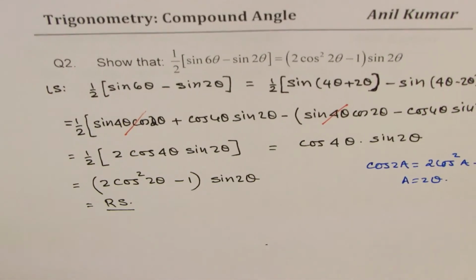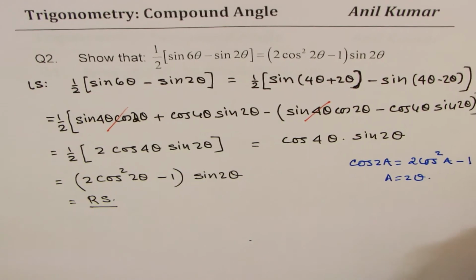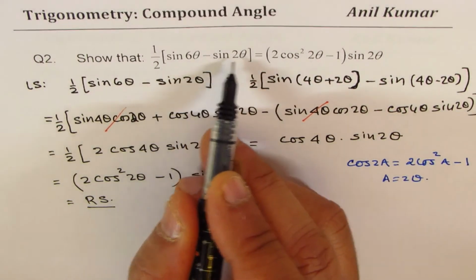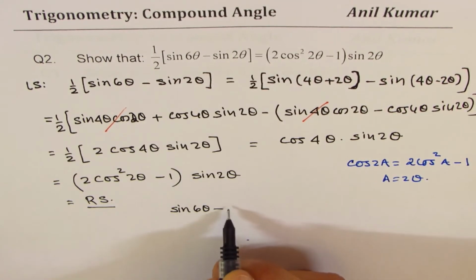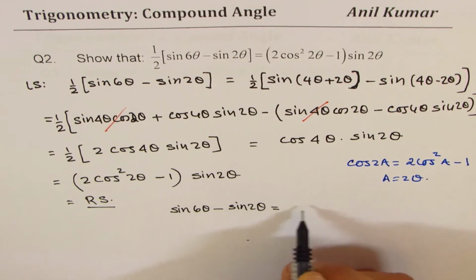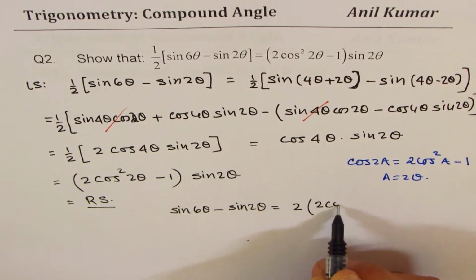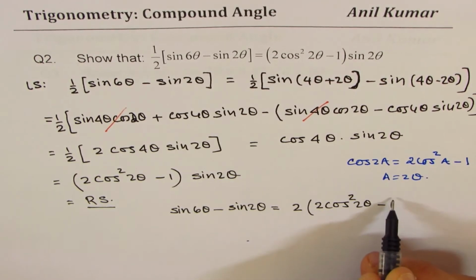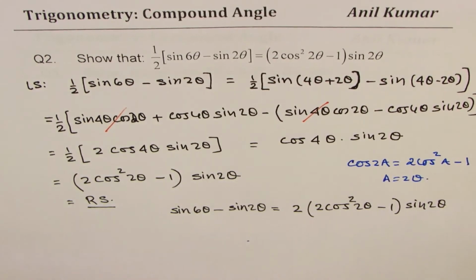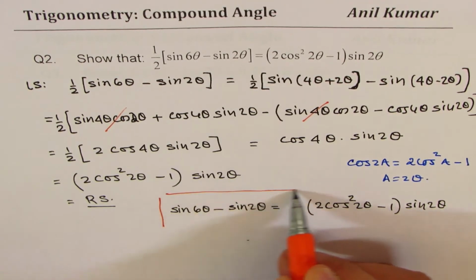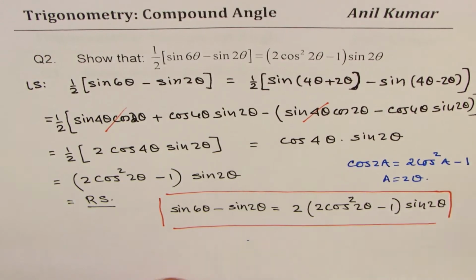So from here, we can write sine 6 theta minus sine 2 theta equals 2 times 2 cos square 2 theta minus 1 times sine 2 theta. Perfect. So that is what we get. I'm going to use this particular expression in the solution of question number 3. That is how they are related.